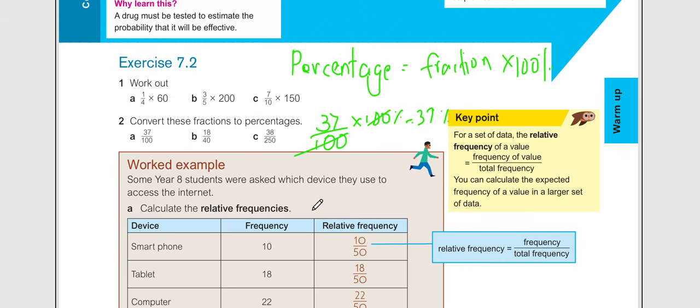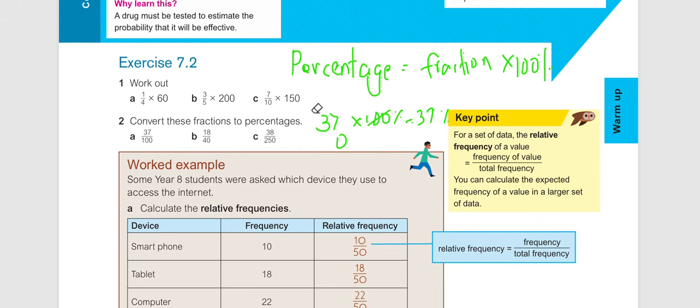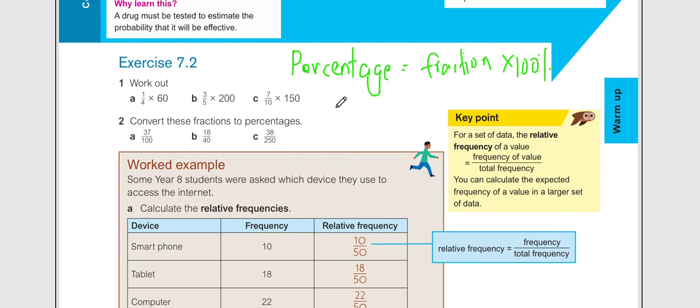Is it clear? Yes. Then for the second one, you can write 18 upon 40 multiplied by 100. You need to find this percentage now.